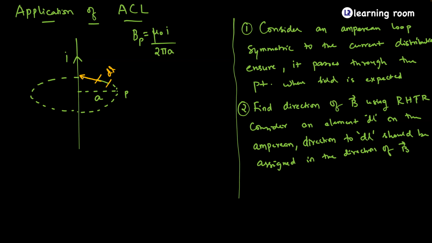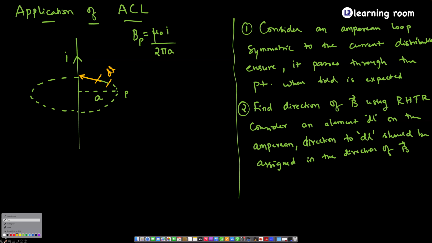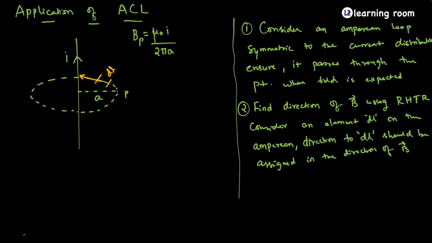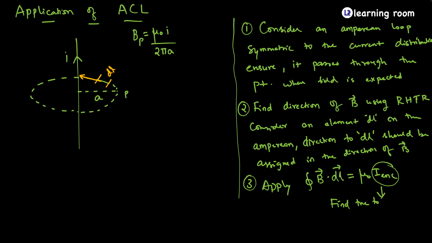So the third step is to apply the line integral of B vector dot dl vector is equal to mu naught into I enclosed, and for I enclosed, what you're supposed to do is find the total current enclosed by the loop.